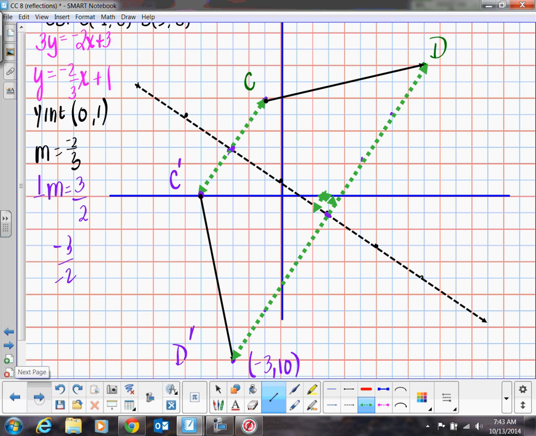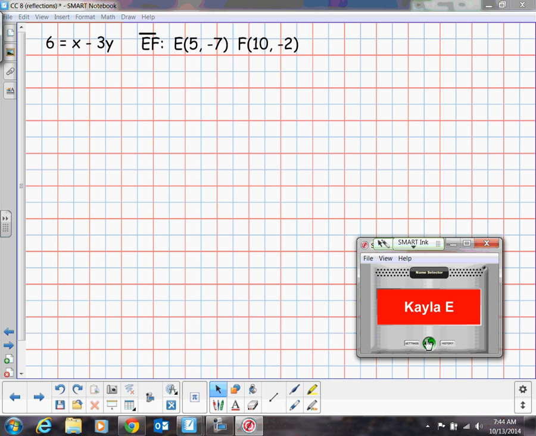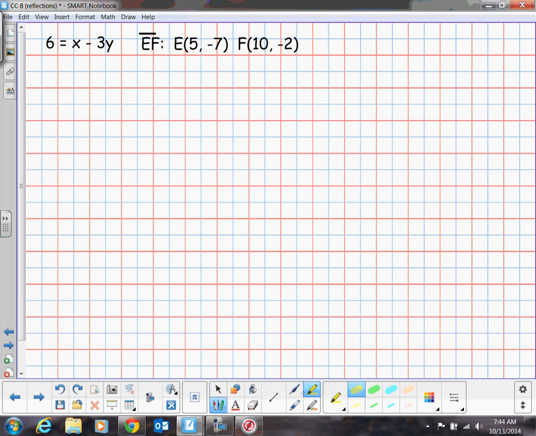All right, I'm going to do one more, and then you get to do one. So how do we get this ready? This goes to Bree. Is my line ready to graph? No. How do you get it ready to graph? So I've got 3y plus 6 equals x, then what?